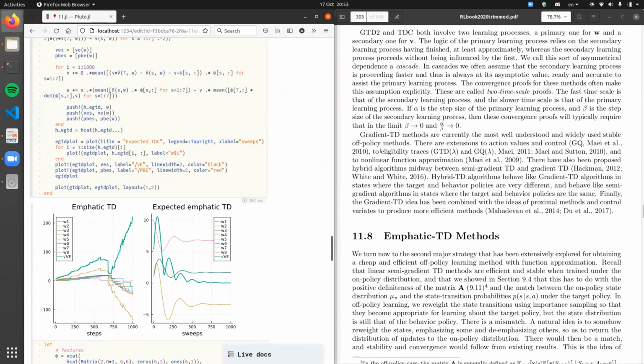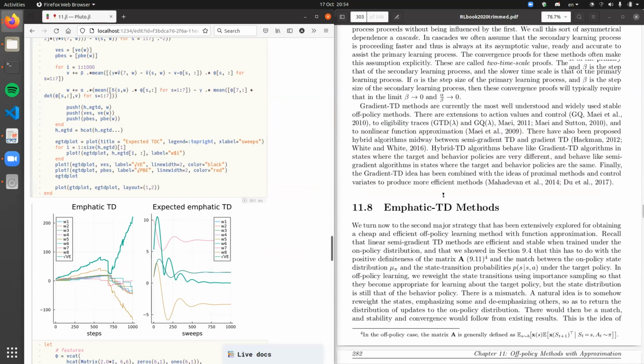Eligibility traces are just an alternative formulation of temporal difference learning, which is more computationally convenient. And there are algorithms with proved convergence for the eligibility traces case as well.